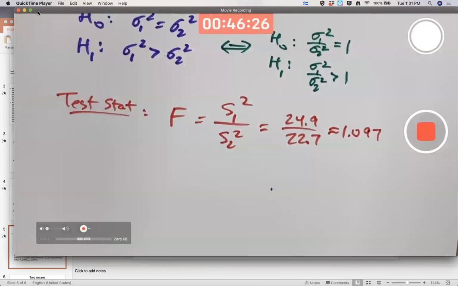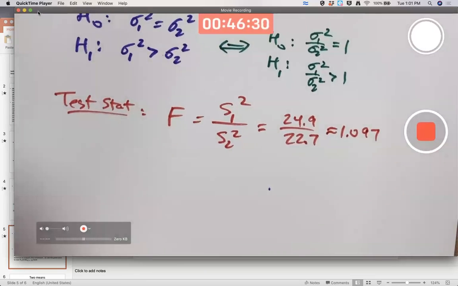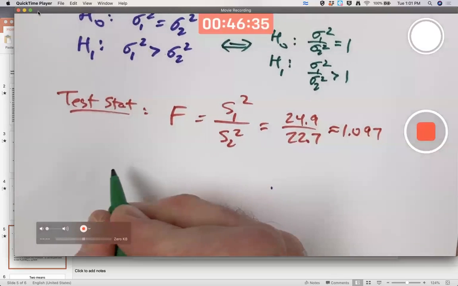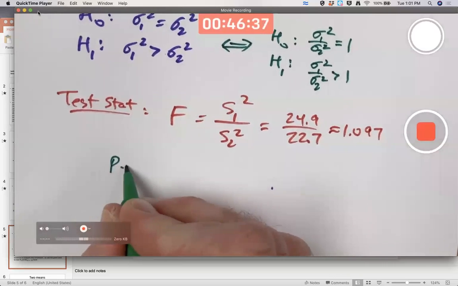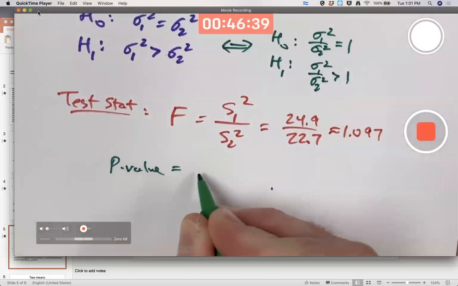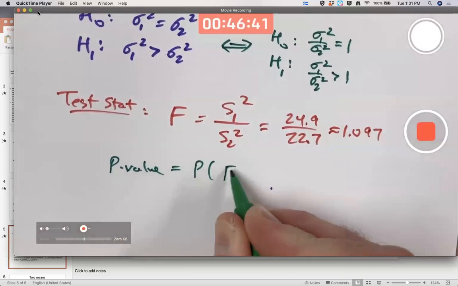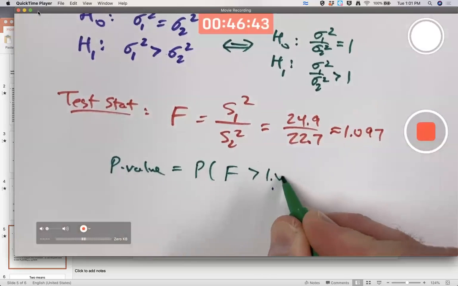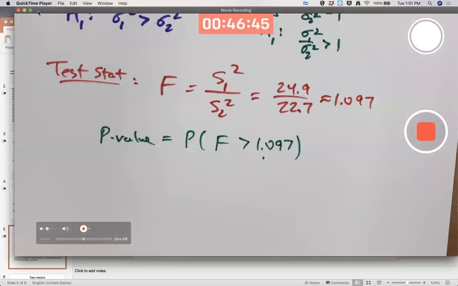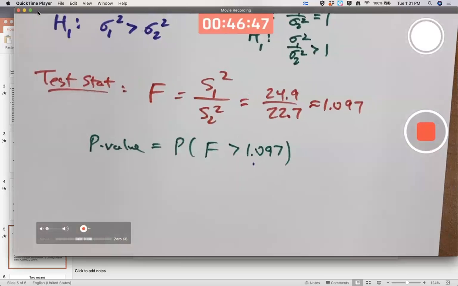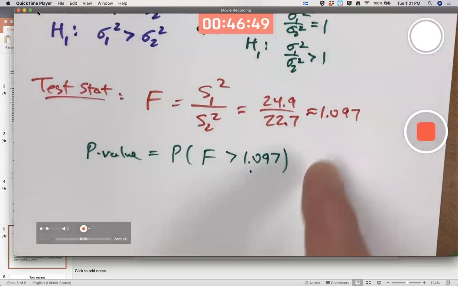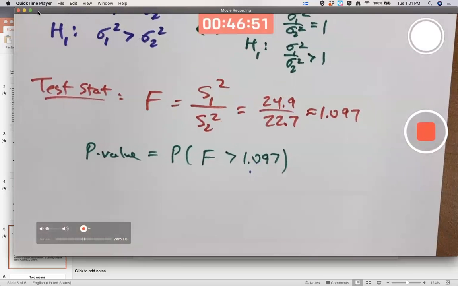What's the p-value? Okay, let's use technology. The p-value is going to be the probability of observing an F statistic this extreme or more extreme under the assumption that the null hypothesis is true. However, to compute this, I need more than just this number. I need, surprise, surprise, degrees of freedom.